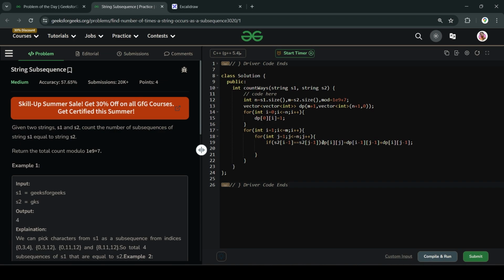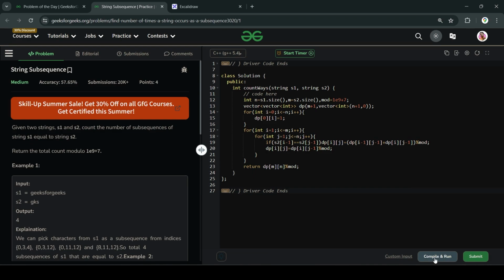And if they are not matching, then we have to simply take dp of i, j equal to dp of i, j minus 1. So now let us return the answer, that is dp of m, n, and mod will be applied here, and here I have to apply mod also to keep the values in range.